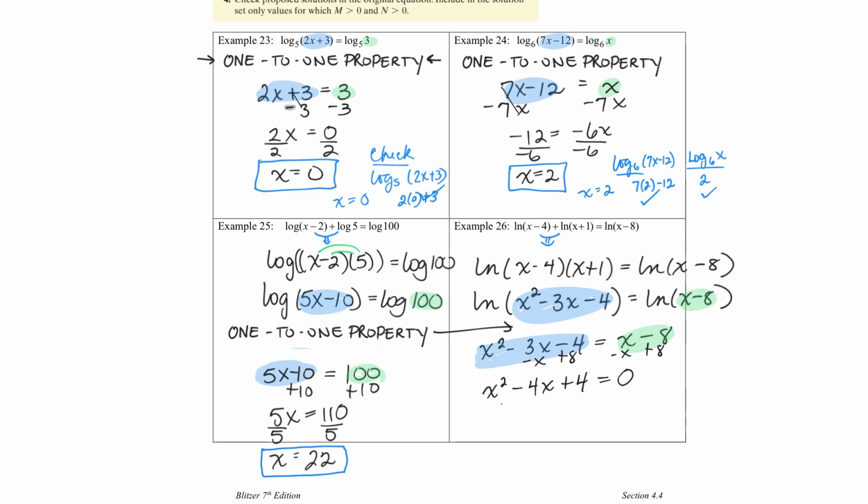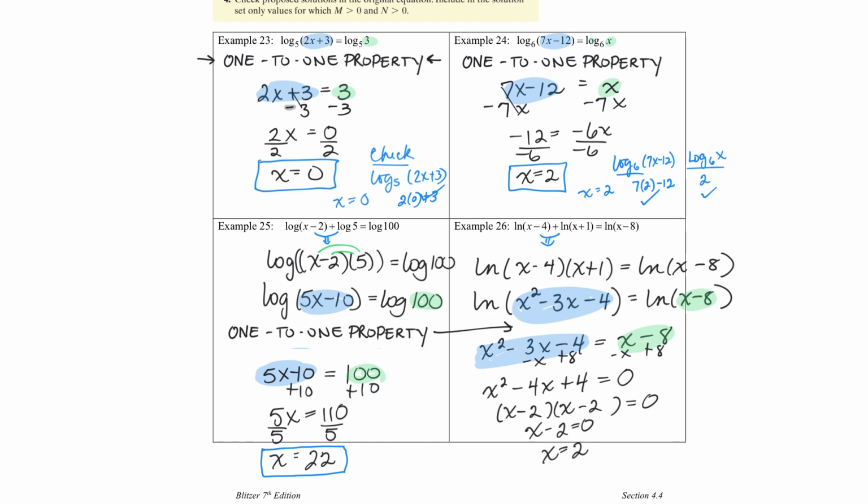And this will factor: x and x, and two numbers that will multiply to give me positive 4 and add to give me negative 4, negative 2 and negative 2, right? So I'm going to get one proposed solution to this because x minus 2 equals 0 or x minus 2 equals 0 gives me the same result, x equals 2, right?